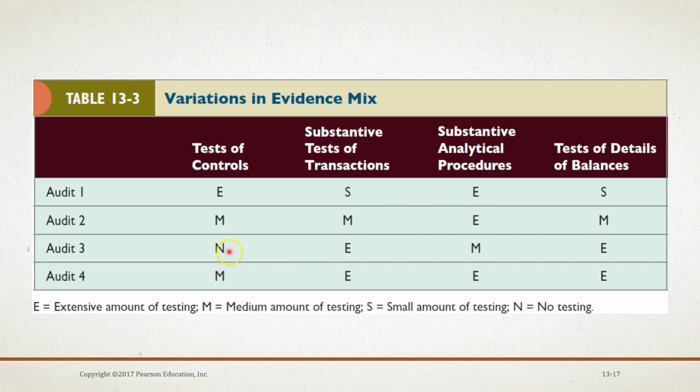Go to the extreme where we don't test controls, none. A lot more detail testing with substantive tests of transactions and balances. A lot more analytical. So again, the evidence mix really is dependent upon that assessment of internal controls.